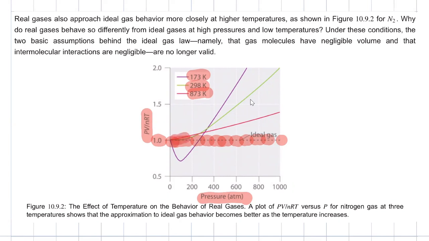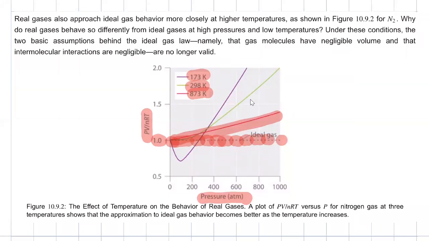Well, at high temperatures, this red curve, doesn't it look like it's closer to ideal behavior than it is at low temperatures? So the takeaway message from this is that at high temperatures, real gases behave more like ideal gases. At low temperatures, they deviate.